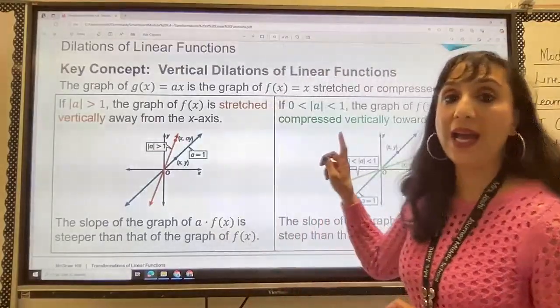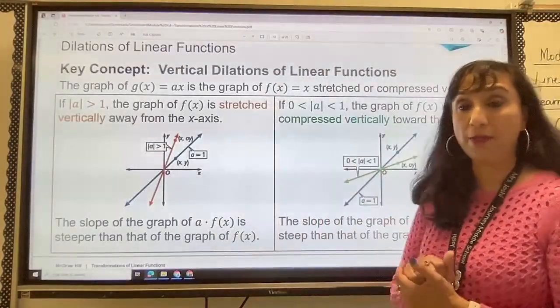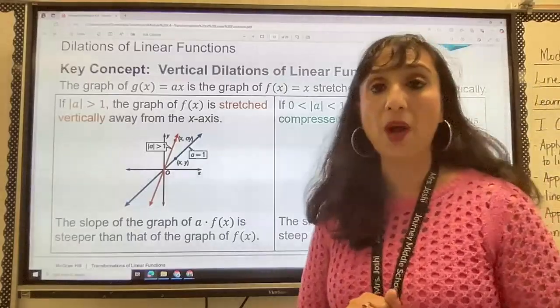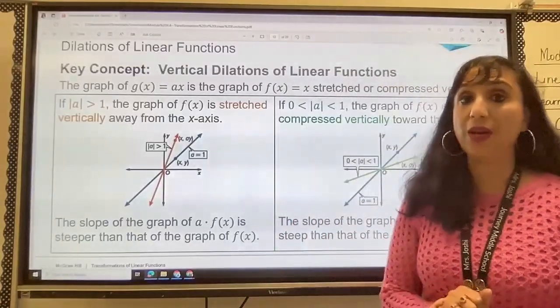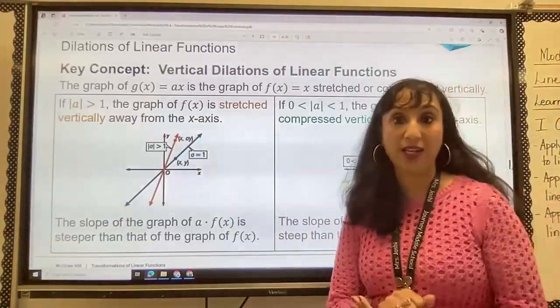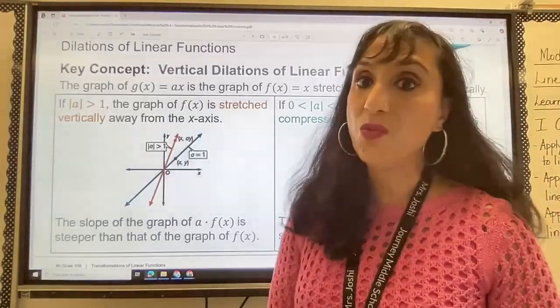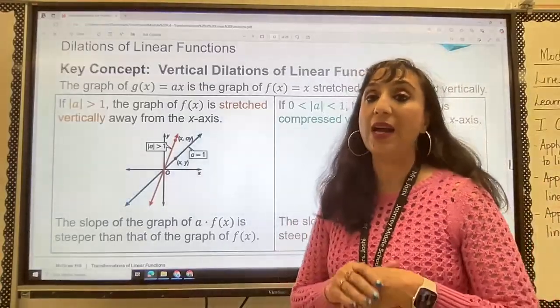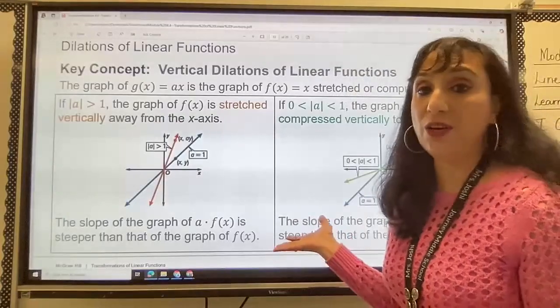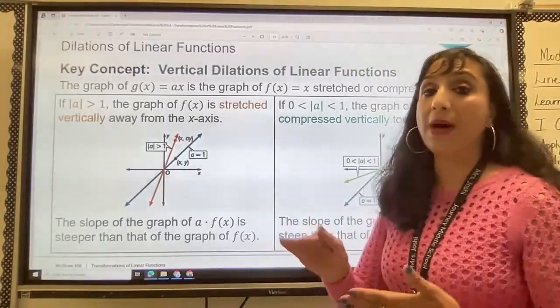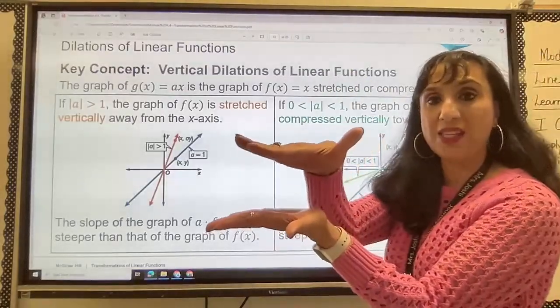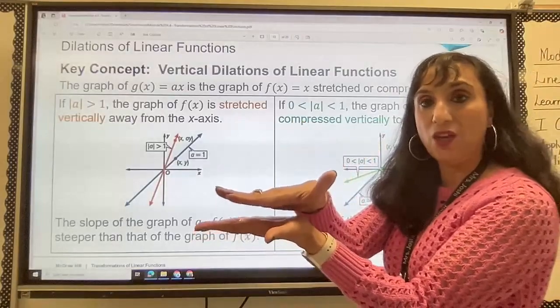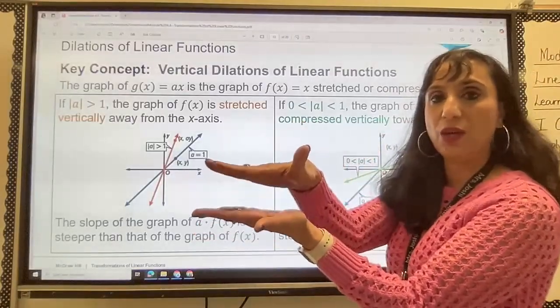So my absolute value of a will probably be something like 1/2 or 1/4, a number greater than 0 but less than 1. Because of that, when we plug in those values, my graph becomes more compressed. So it's flatter, like squishing something down.